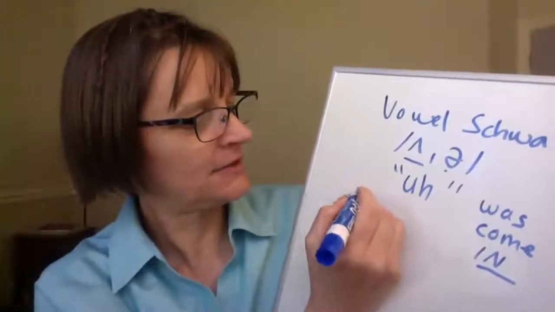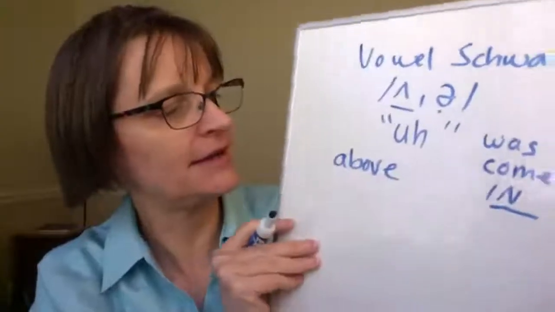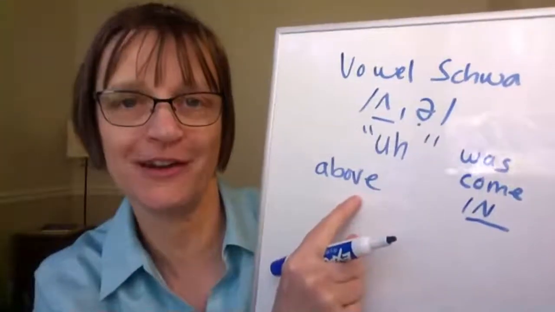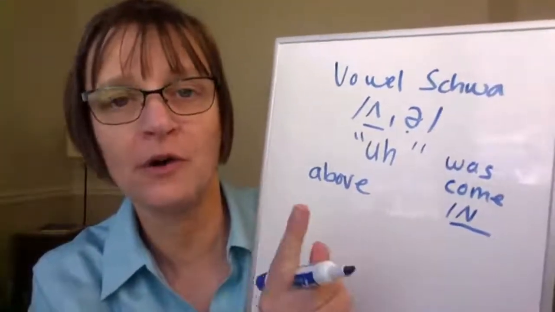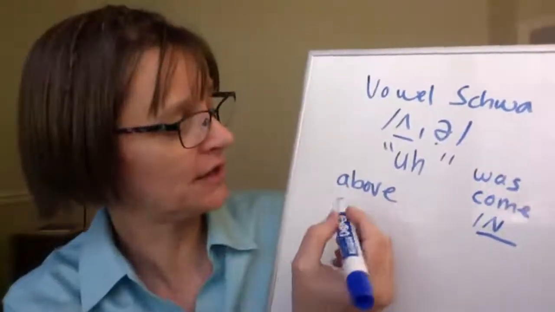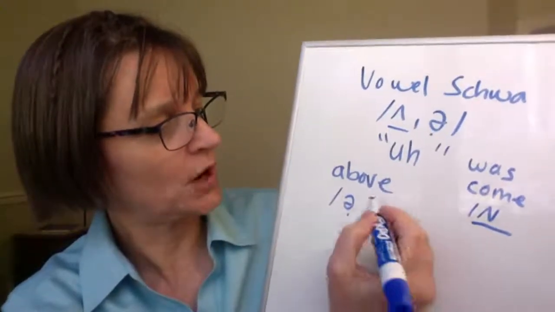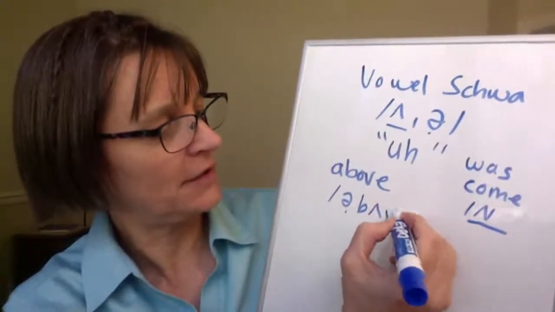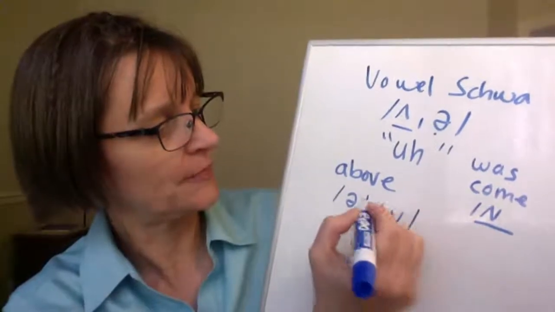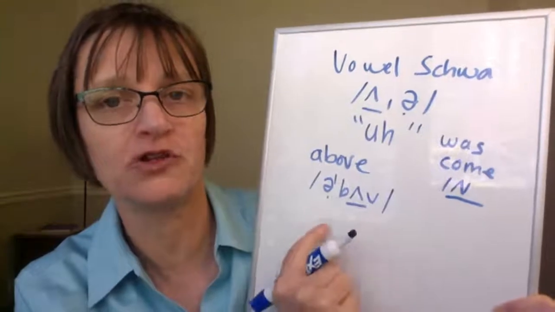I like using the word "above" to teach this sound because it has two different vowel letters, only one vowel sound, which is schwa in both cases. So it sounds like "uh-bove": there's my short schwa, and there's my long schwa. The stress in the word is on the second syllable, above, short, long.